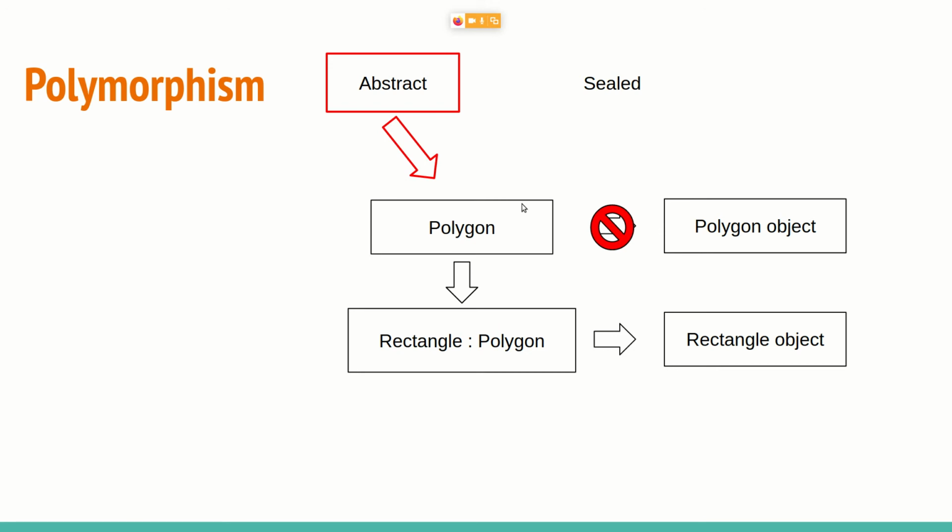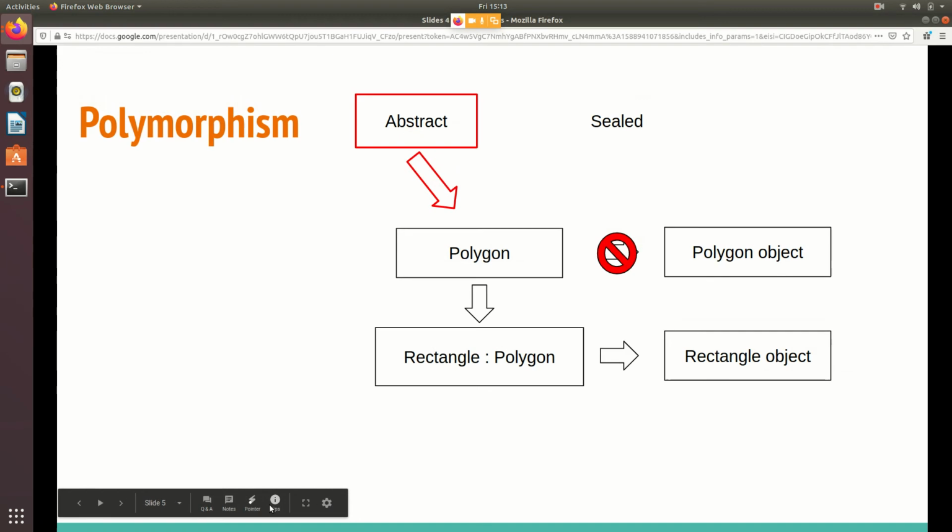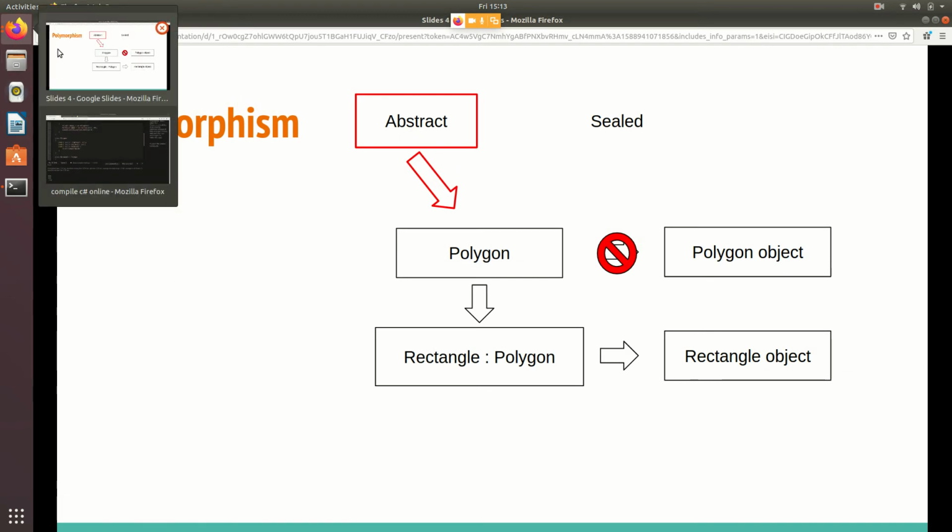Okay, so when you make a class or a method abstract, what you are saying is that it can only be inherited from. You can only inherit from it. You cannot use it directly. We're going to see an example of how to use this word abstract now, but do you understand why you would want to define this?